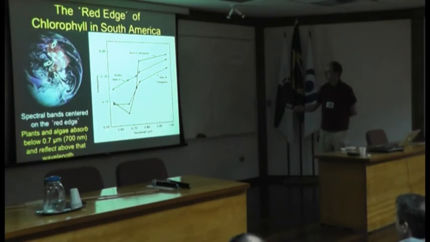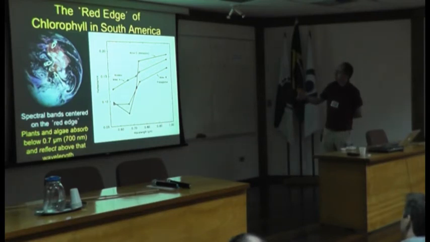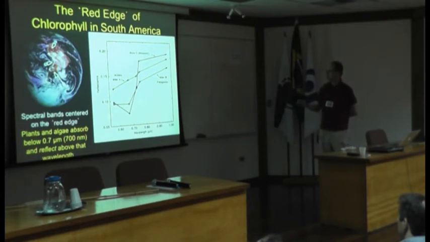And if you look in the spectra, so this is 0.6, so the visible to near infrared, you'll see this absorption in the red, and then reflectance above this steep line here at about 700 nanometers, 0.7 microns. This is called the red edge, where the chlorophyll is absorbing in the red and doesn't absorb so much in the infrared, at least by a factor of 2.